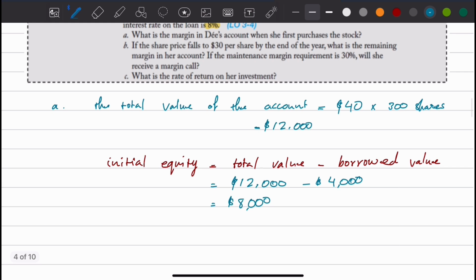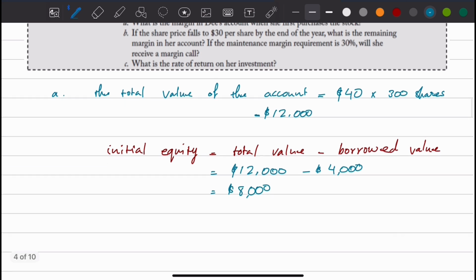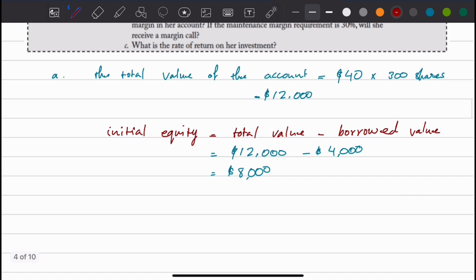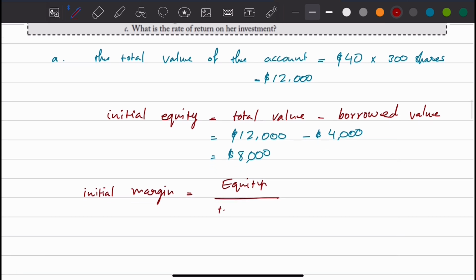Okay. So to answer the question, what is the margin in this account when she first purchases the stock? The margin, let's call it the initial margin, is going to equal the equity, or the initial equity specifically, divided by the total value.